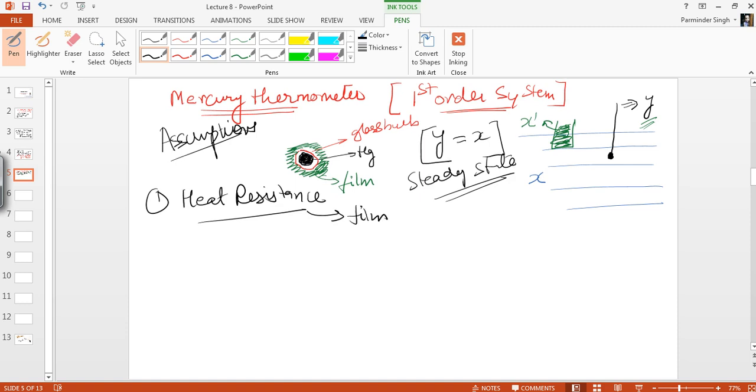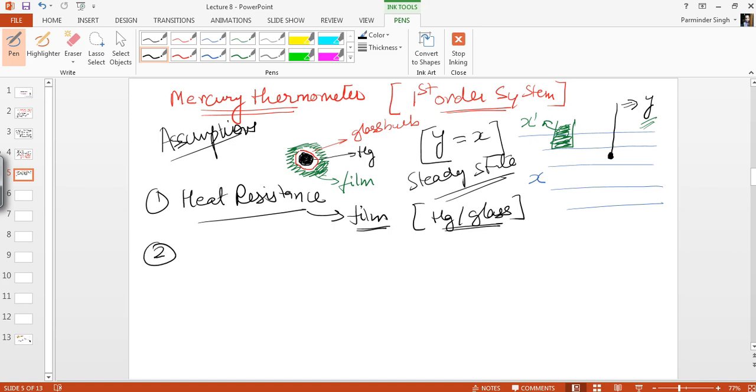All the heat resistance is in the film. That means mercury and the glass do not offer any sort of heat resistance. Whatever heat resistance is offered is offered by the film. Clear? Mercury and glass do not provide any sort of resistance to the heat.